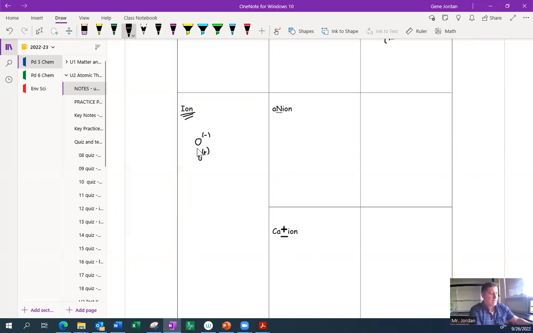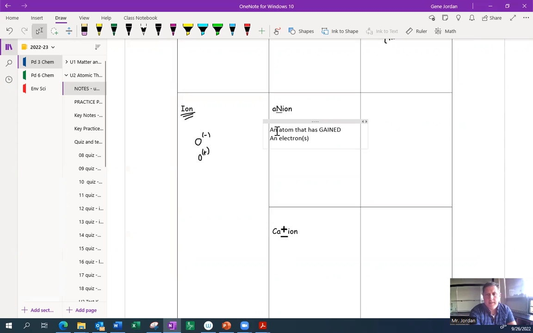We have a special type of ion called an anion. And you can see ion right in its name. It means it's an atom that has gained something negative. So it has gained an electron. And I really could put an S because it could have gained more than one electron.